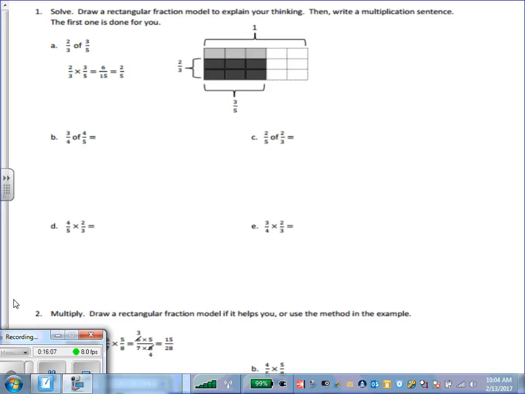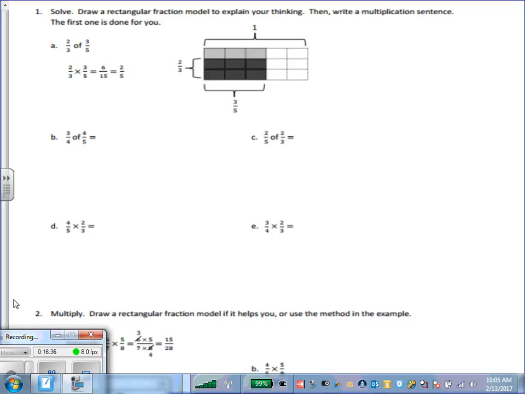So, I'm going to redo A, so you can see how they got it. So I need everyone looking up here and not looking anywhere else. Not looking at your fingers, not looking at a pencil, not looking at a desk. Okay. So we have 2/3 of 3/5.